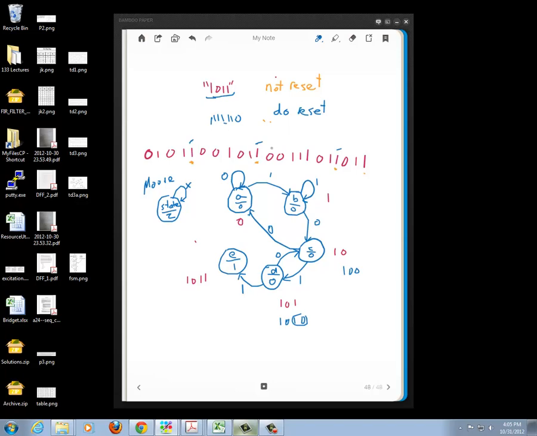So if we are resetting and we're here and we get a 0, we're going to go back to A. Because what that's going to be is a 1, 0, 1, 1, 0, and this is not a new 1 that's going to lead us on the path of getting this sequence. So in our reset case, that's going to be our transition back to A.